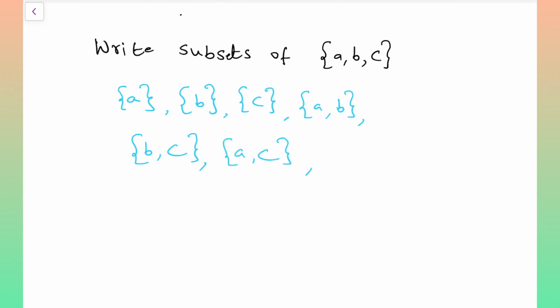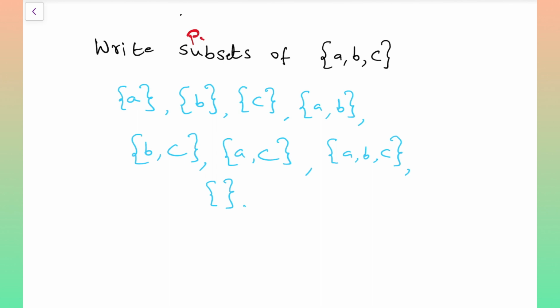So one element separately is completed, two elements separately is completed. Now coming to three elements together: A comma B comma C. Now after writing all these, we need to write one more element, that is the empty set. So now these are all subsets of the set A, B, C. Related to subsets, one more question can be asked: write the power set.